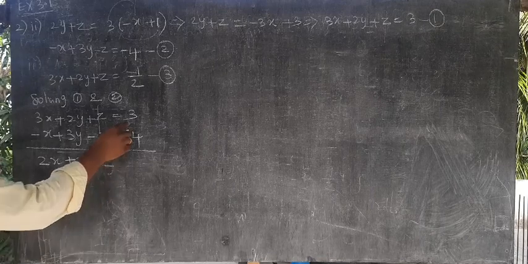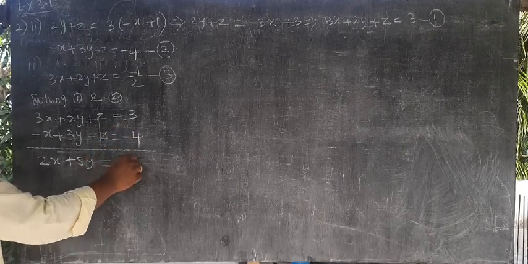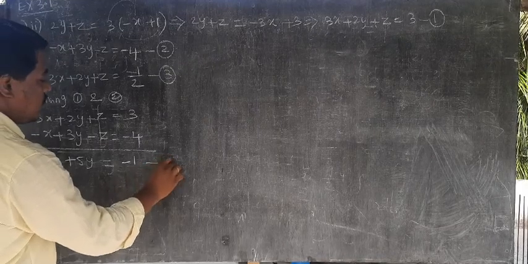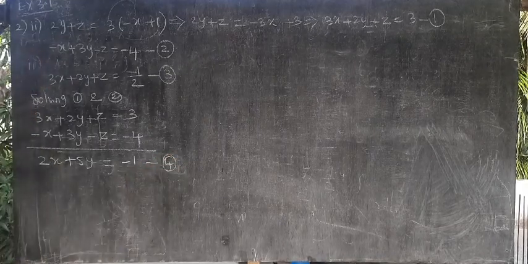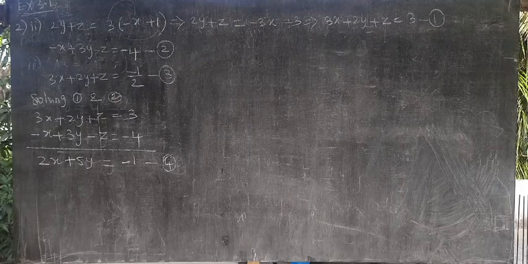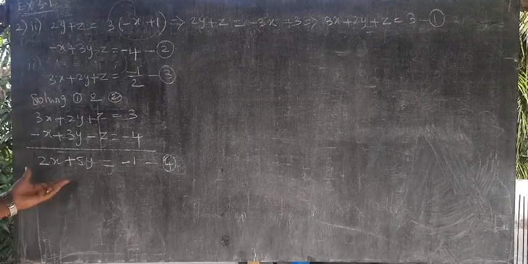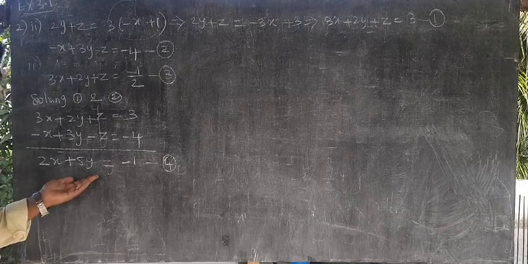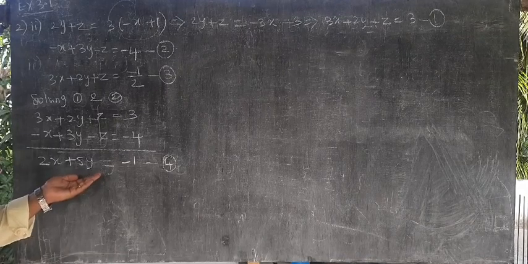On the right, 3 minus 4 equals minus 1. This is equation number 4. Right. Then what we need to find? Like this with x and y variables, we need to form another equation.